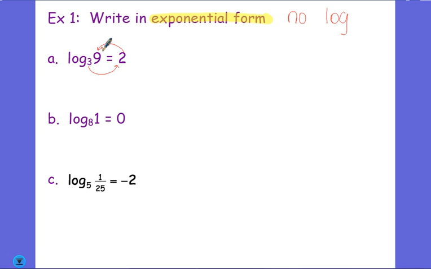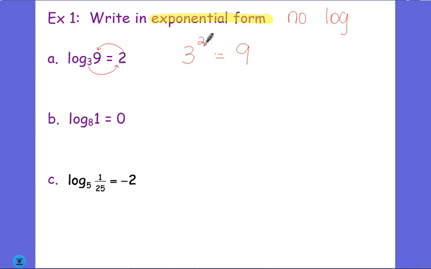There's my circle. So in exponential form, it's 3 to the power of 2 equals 9. And by the way, this should be a true statement. Is 3 squared equal to 9? Yes. If you type in your calculator 3 squared, you do get 9. That's another way you know you did it correct.